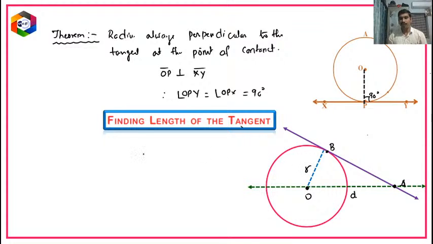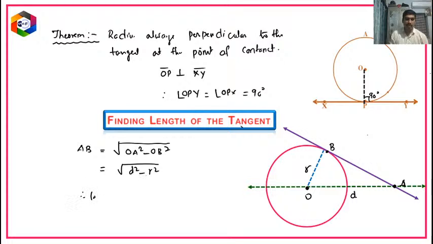Now if we want to calculate the tangent length, that is AB, it can be found by making use of the Pythagoras theorem: square root of hypotenuse square, which is OA square minus OB square. OA is the distance D, so D square minus R square.